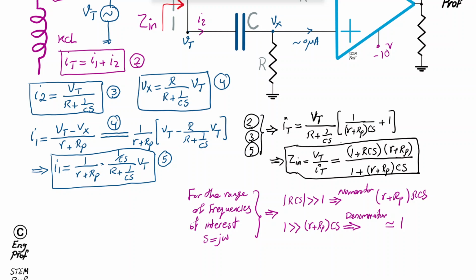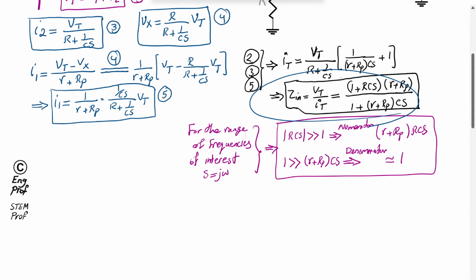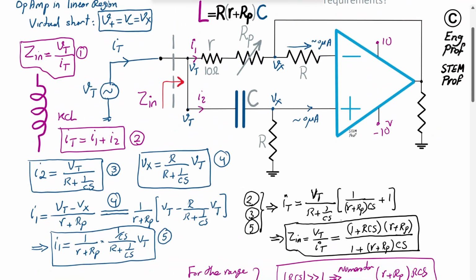If these assumptions are in place, then the whole Zin equation we have here simplifies to Zin equal to, practically, just R plus Rp times R times C, and then we have s. That's exactly what we wanted to find. See what I found?